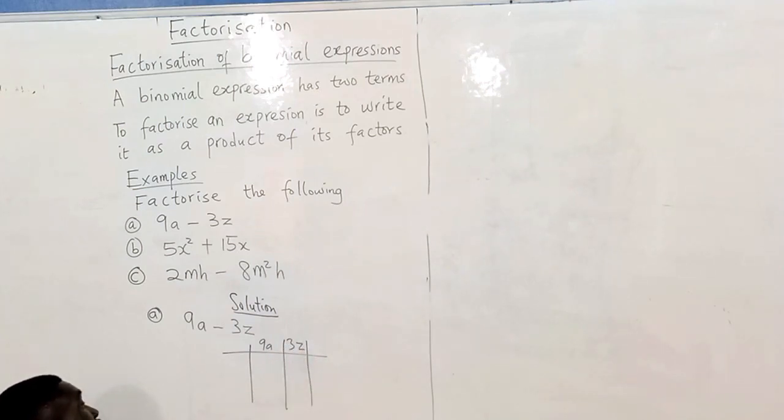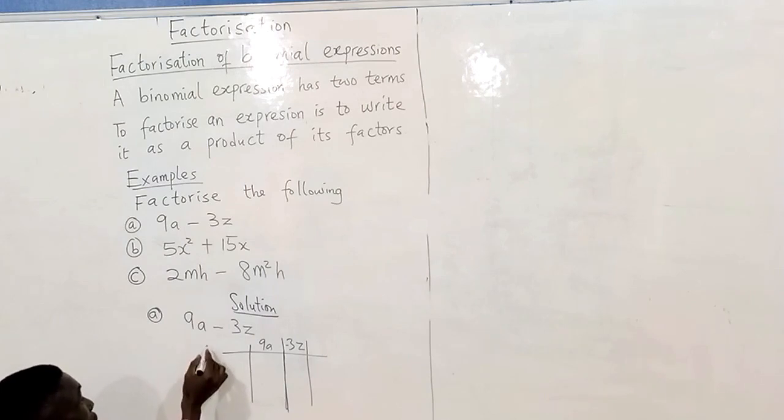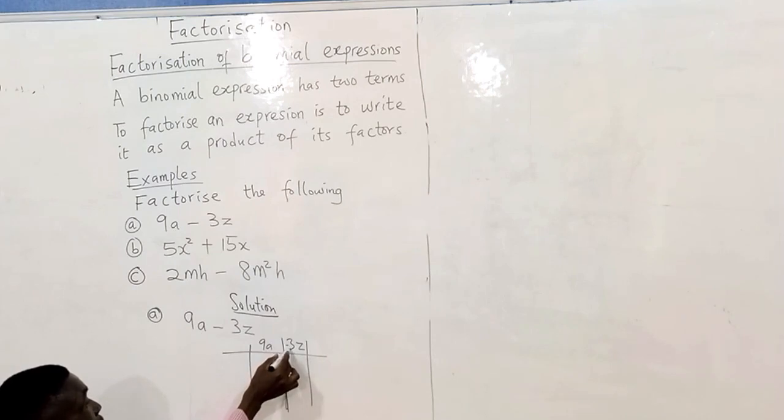We are going to see what can divide both terms at the same time by using HCF. So what can go into 9 and minus 3?